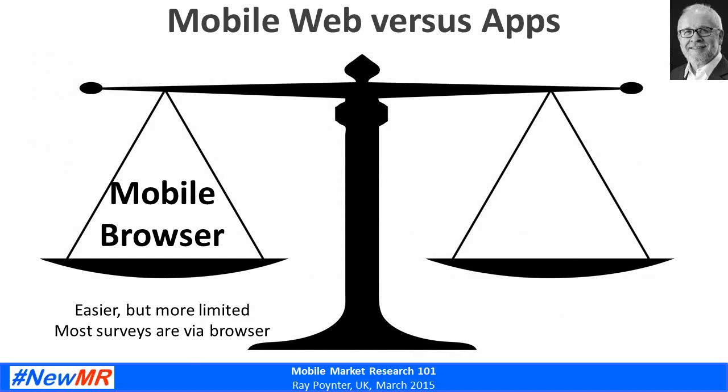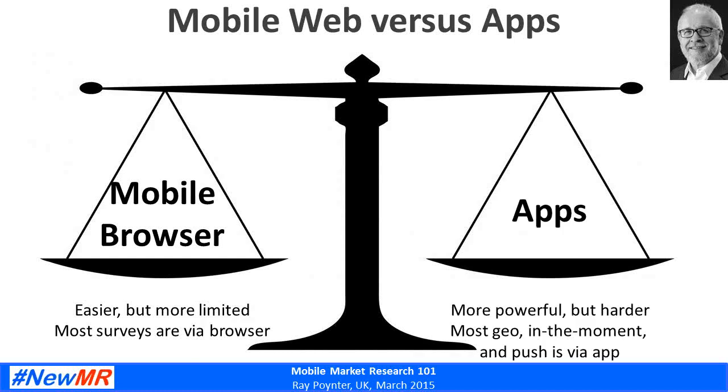The mobile browser, it's really easy for the researcher and the software provider, but it's more limited in what it can do. At the moment, the vast majority of surveys are conducted via browsers. Some are conducted via apps, but the vast majority of surveys are done via browsers. Apps, more powerful, but they're harder to implement. You've got to get more permission, you've got to provide more support, you've got to get them written and so on.